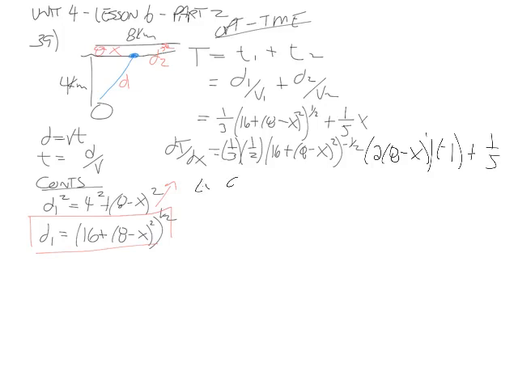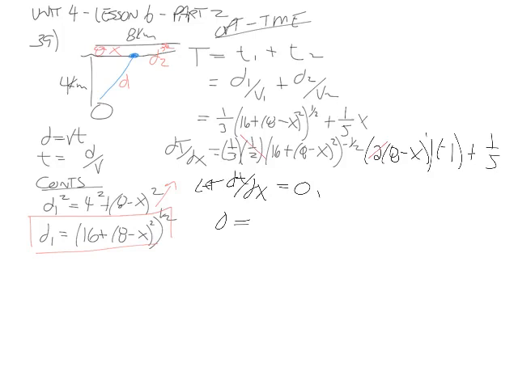So this is where now we let dT/dx equal 0. And I'm going to simplify a little bit. So I see that the 2 that popped out there cancels with that 1/2.